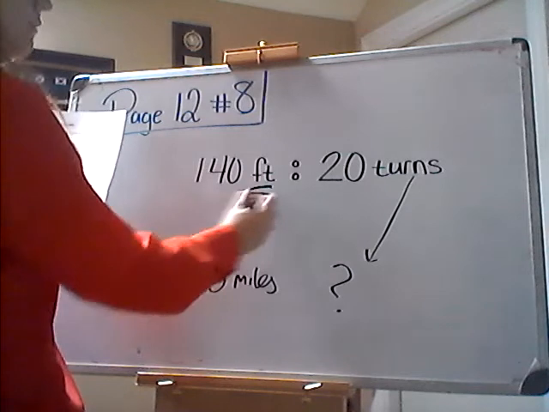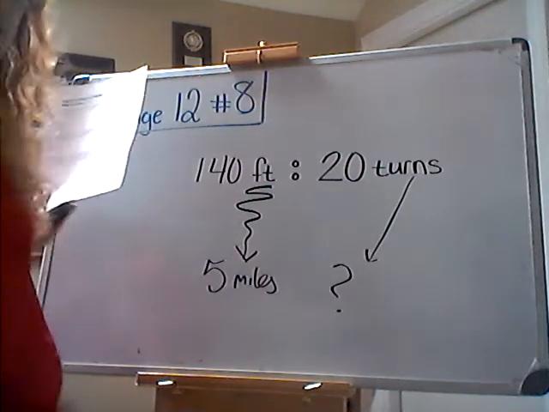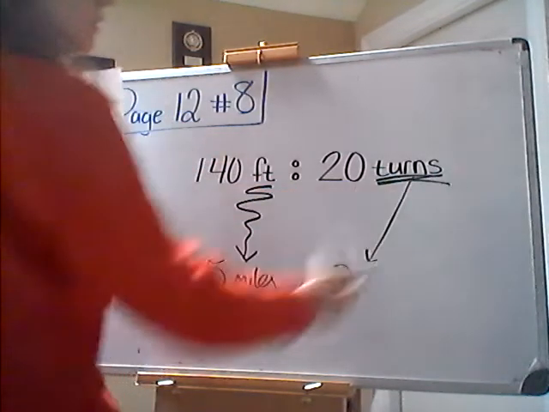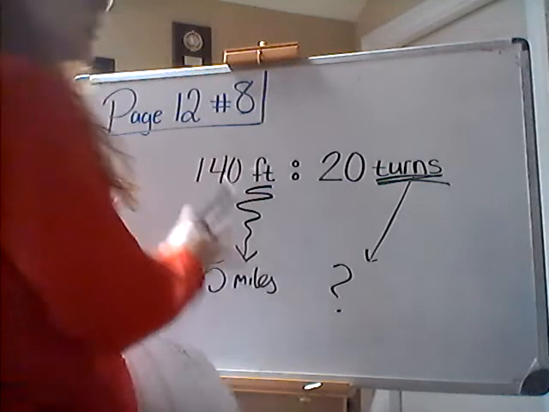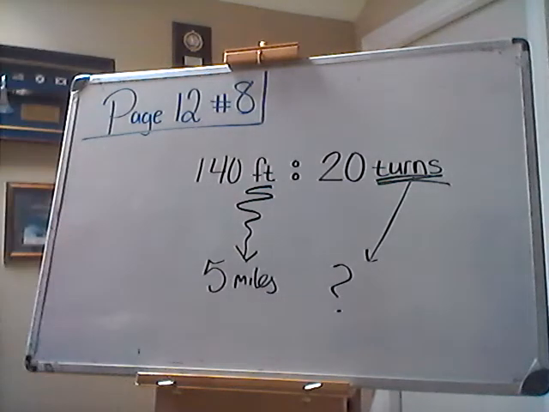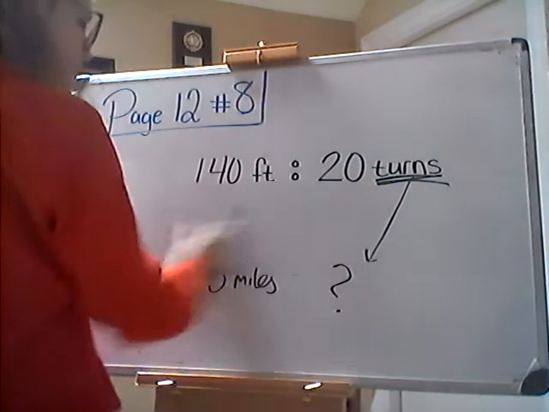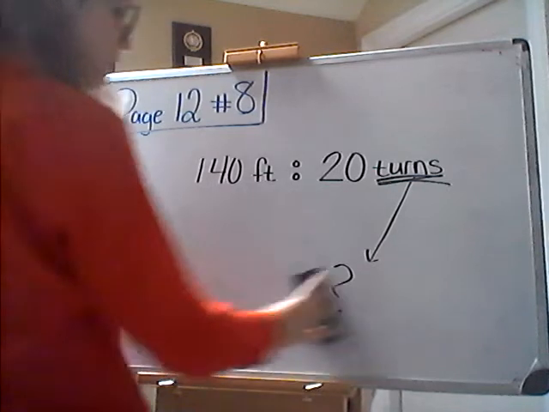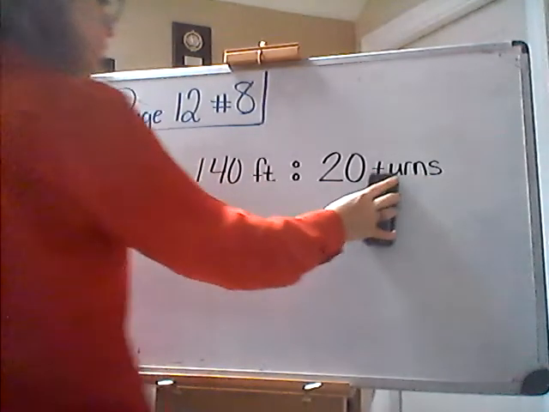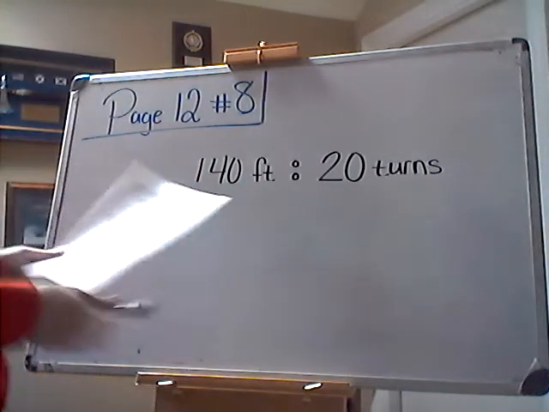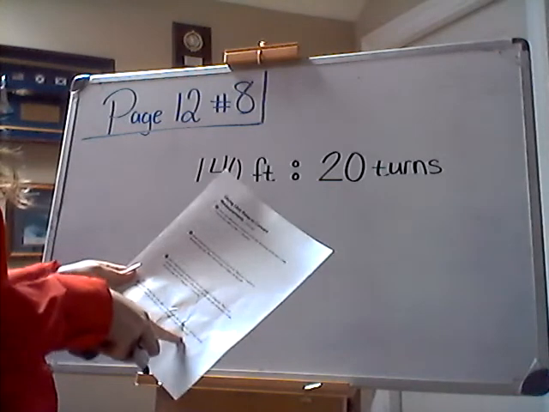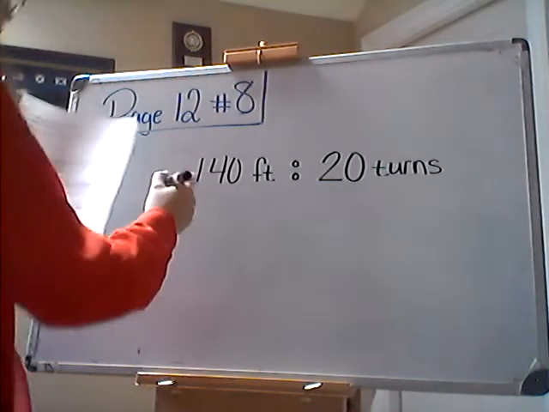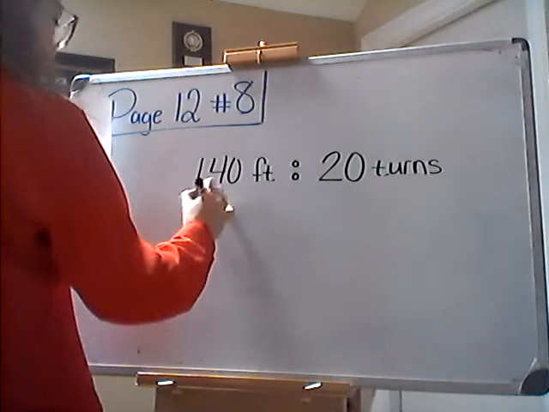So we're going to have to convert feet to miles, but this side is going to stay turns, so that's helpful. We only have to convert one side, which is converting these feet to miles. It helps that it gives us a lovely conversion rate. There are 5,280 feet in 1 mile.